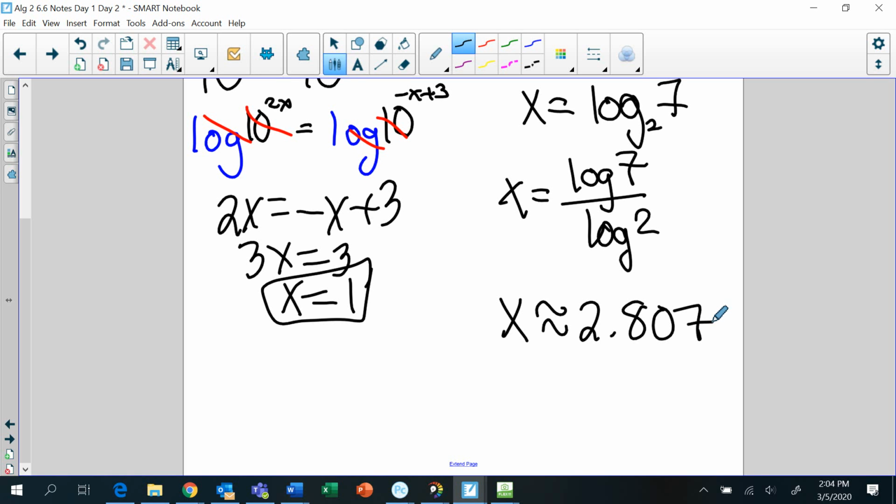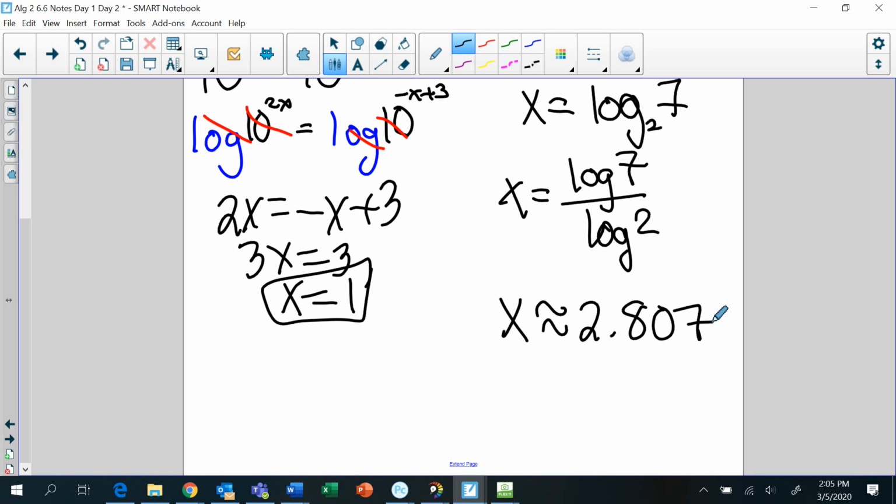How'd you get 8? You type it in your calculator, and then numbers pop up, and 8's in the number. Okay, I typed this in my calculator. Log base 2 of 7. You did not. You did log of 14, or you did log base 2 times 7. I'm not quite sure what you did. You type this into your calculator.